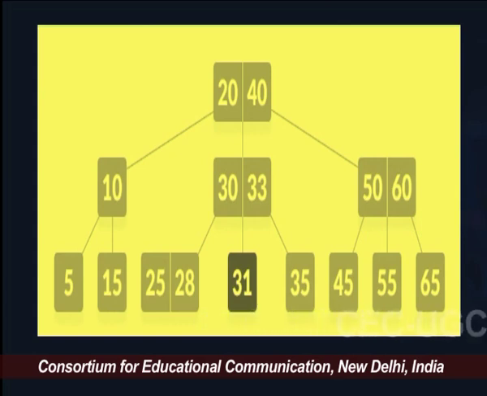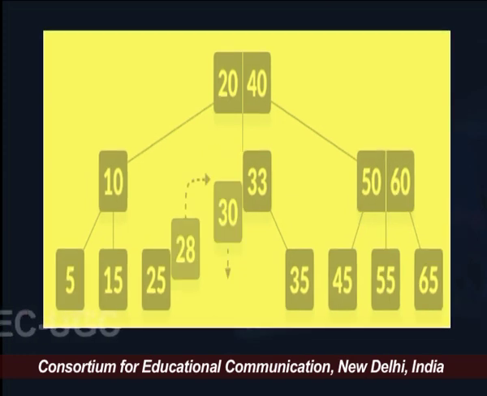So how are we going to borrow? The borrow has to be done in a specific manner. This is the situation in which we are borrowing. So 28 actually goes to the parent node where 30 and 33 are present, and 30 comes down from that parent node. Now that parent node has three keys, assuming 28, 30 and 33, so the median key is going to come down.